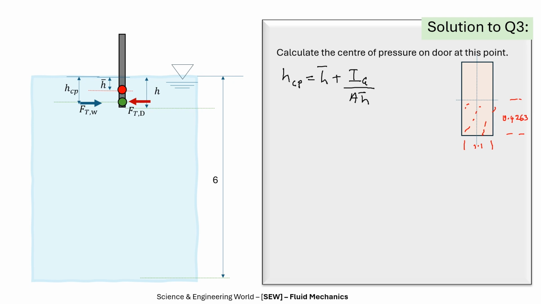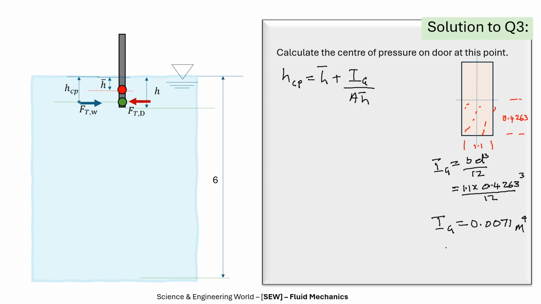For IG, because it's a rectangle, this will give us the base times the height cubed over 12, and that gives us 1.1 times 0.4263 cubed over 12, and we have IG equals 0.0071 meter to the fourth.